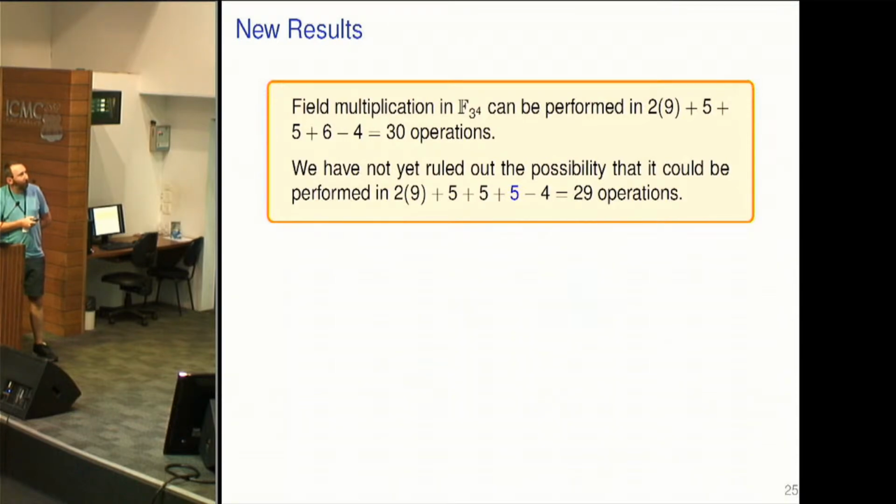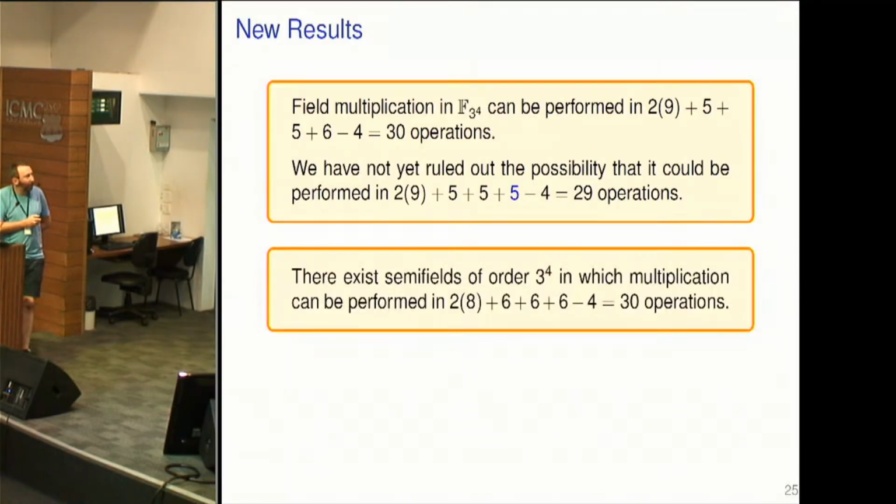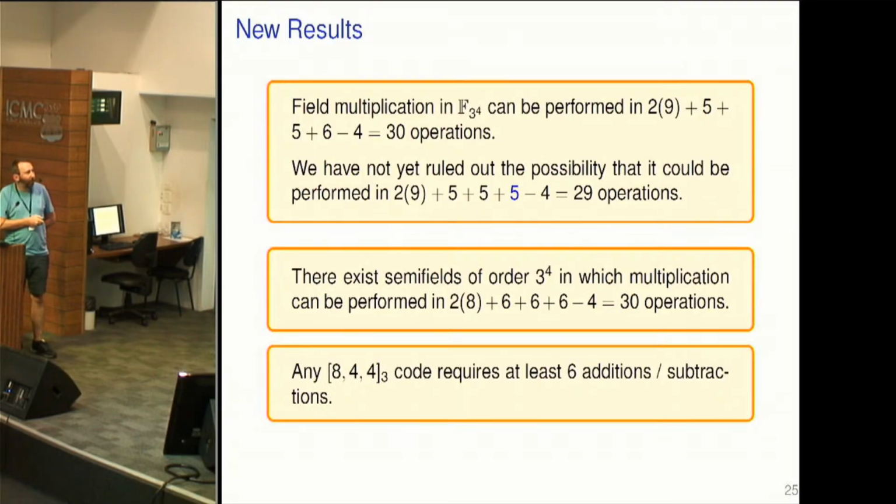So here the 9 is coming from the multiplications, and then 2 fives and a 6. That 6 could be improved to a 5, perhaps. In the semifield case, we were able to show that we could do it in 30 as well, and we were also able to show that that was the least possible for something using 8 multiplications. So here's again a case where maybe it would be better to increase this 8 to a 9 and then reduce all those 6s to a 5.